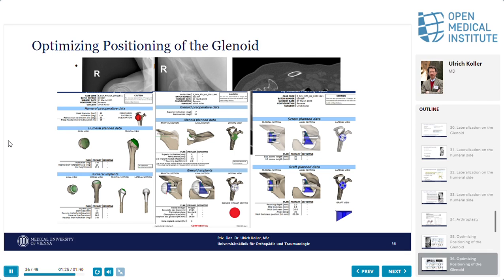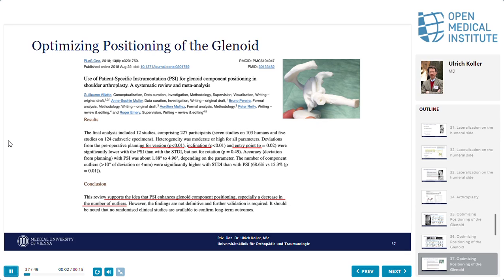Okay. Yeah, we have done this. So we want to lateralize on the glenoid side, so we need this wedge here, and for this we use the PSI, patient-specific instruments, because they increase the chance of correct glenoid positioning, with no outliers, and that's how we did it.